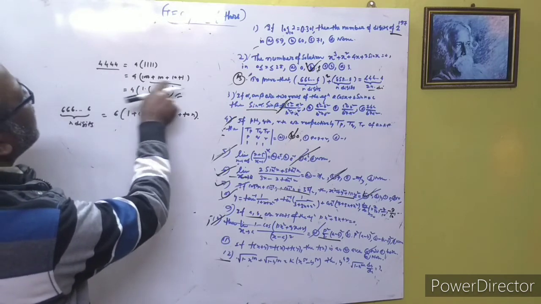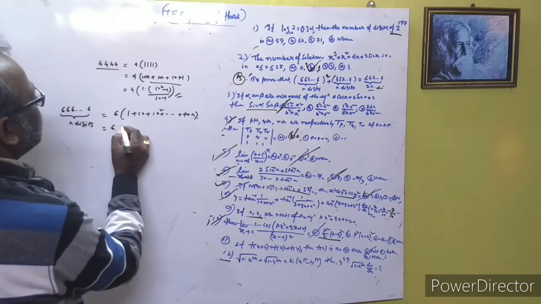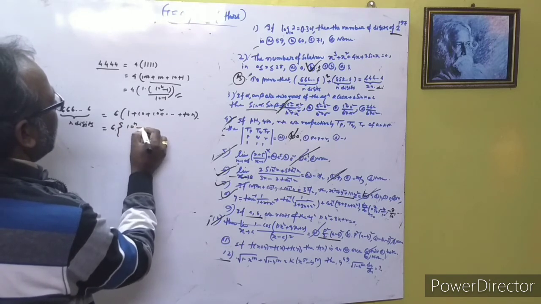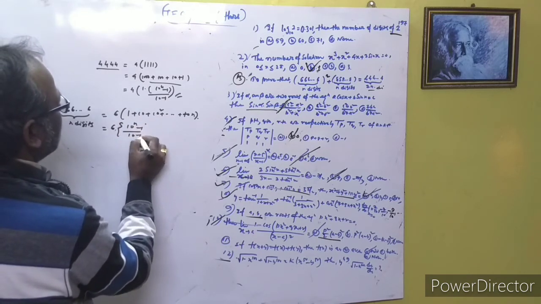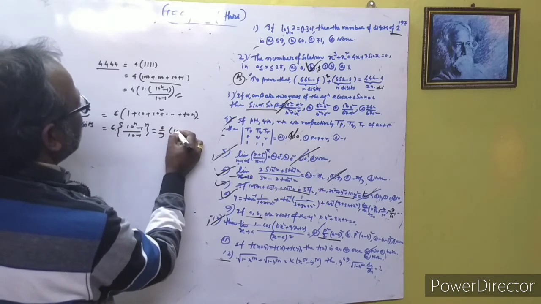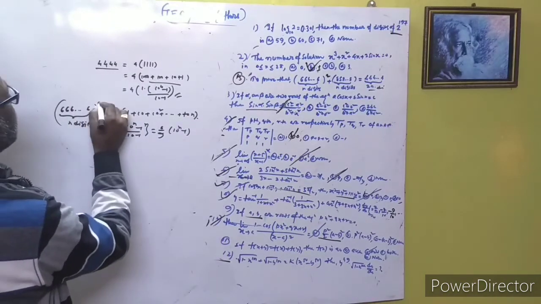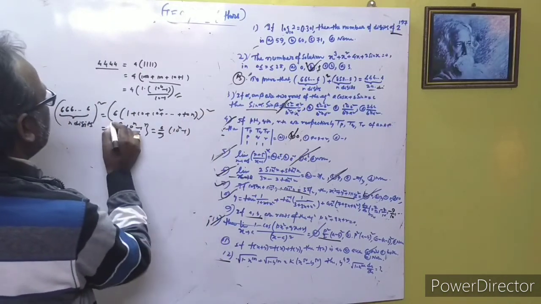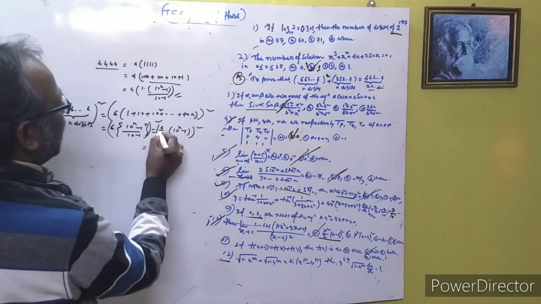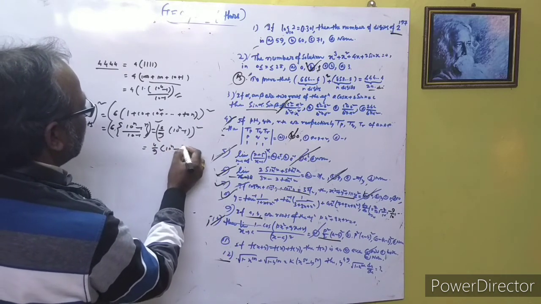See, 4 digits is the 4th term, so n digits is n terms. So the sum, with 1 as the first term, is 10 to the power n minus 1 by 10 minus 1. This is the sum, and 6 by 9 into (10 to the power n minus 1). See here, this is the square, so we can use the whole square, and this is equal to, 3 cancelled, 4 by 9 and (10 to the power n minus 1) whole square.